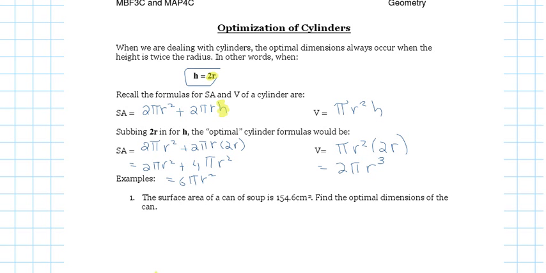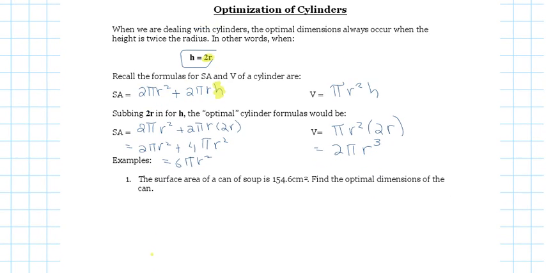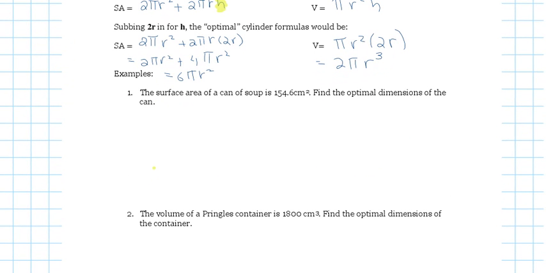Cool. Let's do that. The surface area of a can of soup is 154.6 centimeters squared. Find the optimal dimension of the can. I know that a can of soup is a cylindrical shape, right? This is how you know that you're using a cylinder.